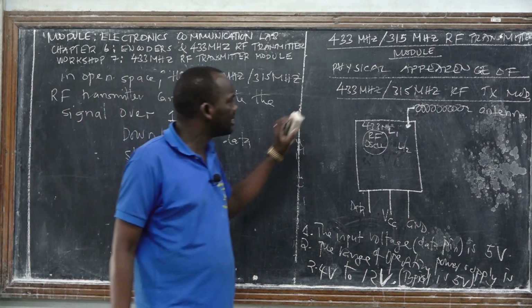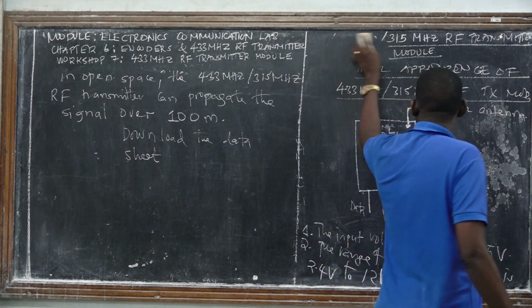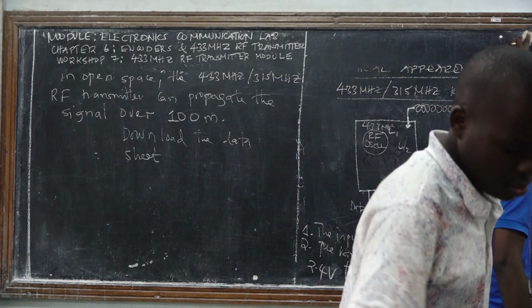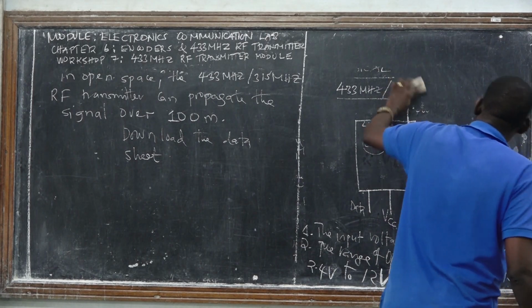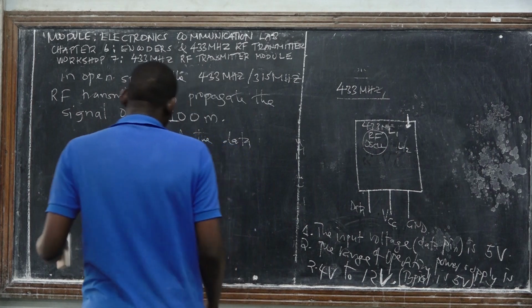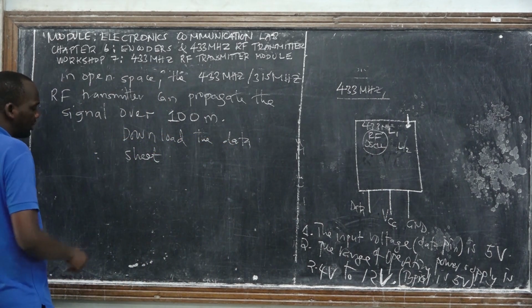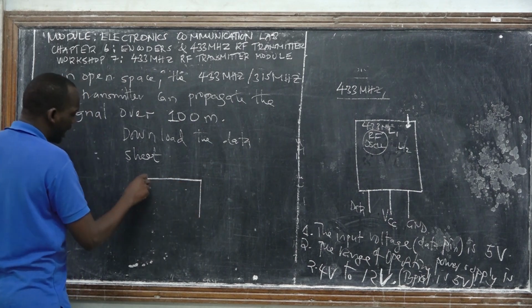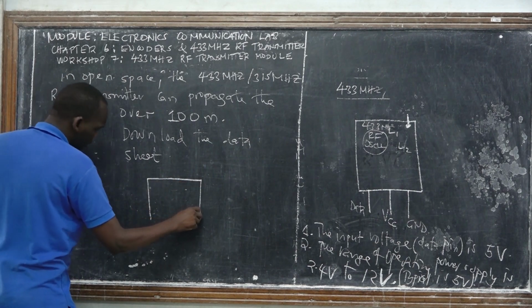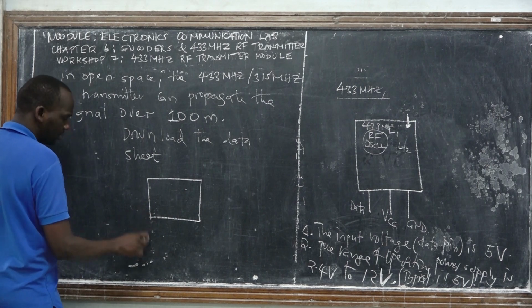Now we need to know the overall schematic circuit diagram with this RF transmitter. In the previous schematic circuit diagram of the HT12 encoder, where you have an RF transmitter, you have to use this component.